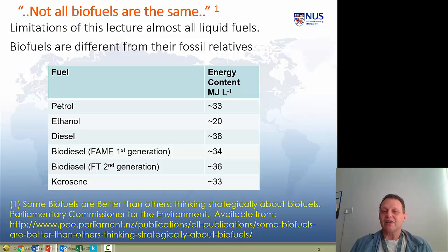We won't talk too much about it now, but the fact you're using food to make biofuel actually is an issue. Second generation biofuels, some of them can be apparently the same substance, but that's where you're not using food crops to make the biofuel. So wood, waste, things like that.